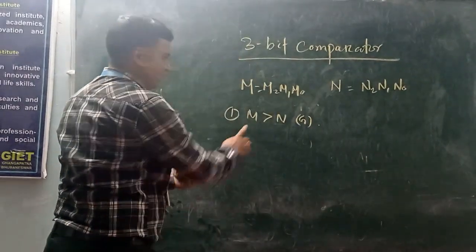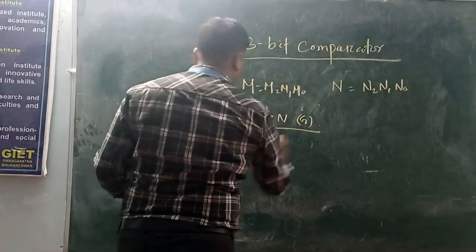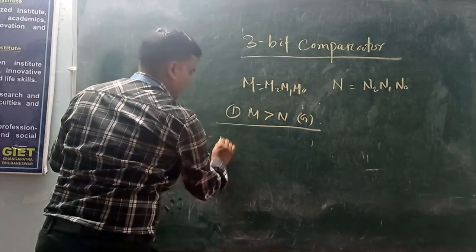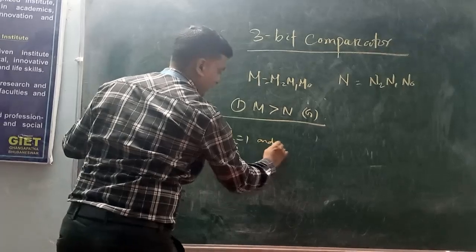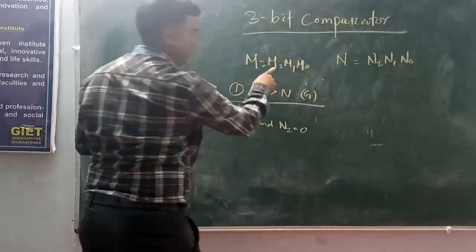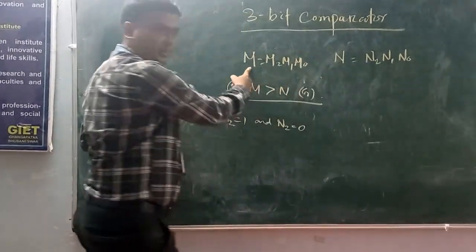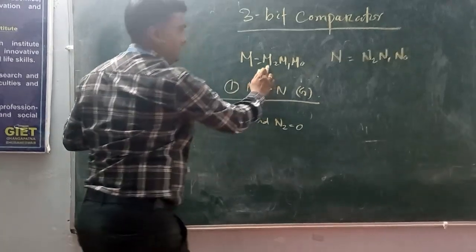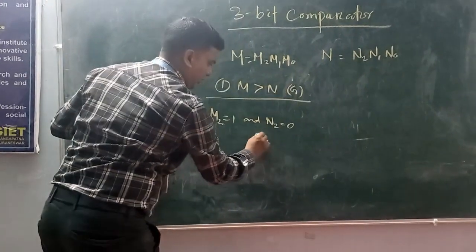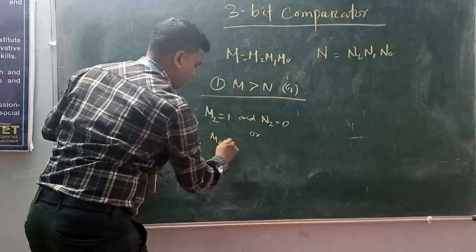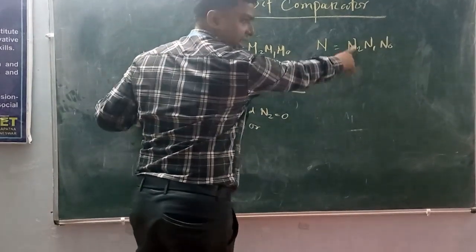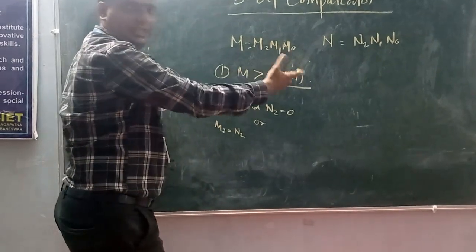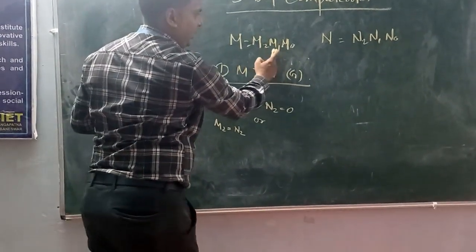The first condition is M greater than N. How is it possible? M2 must be 1 and N2 must be 0. If this bit is 1 and this bit is 0, obviously M is greater than N. If M2 equals N2, the two bits are equal, then we check the next bit, M1 and N1.